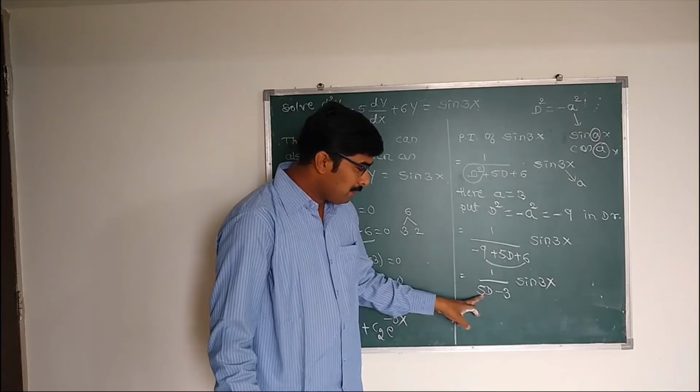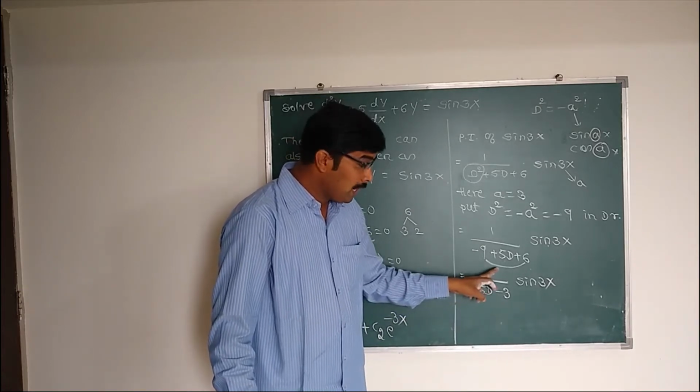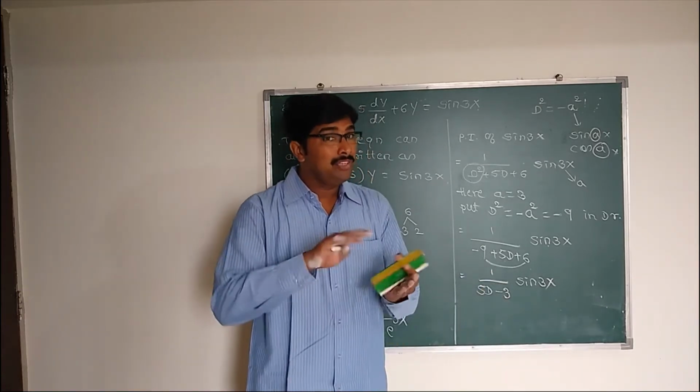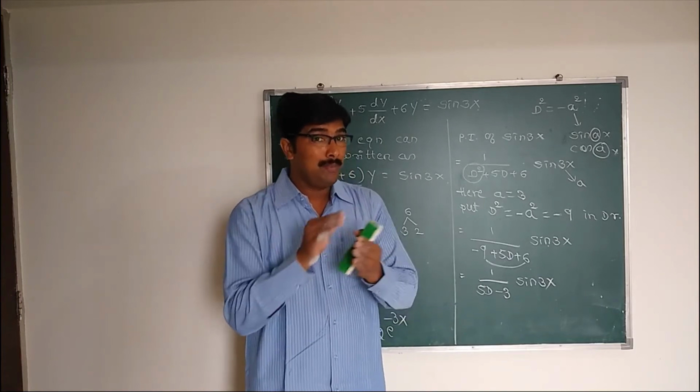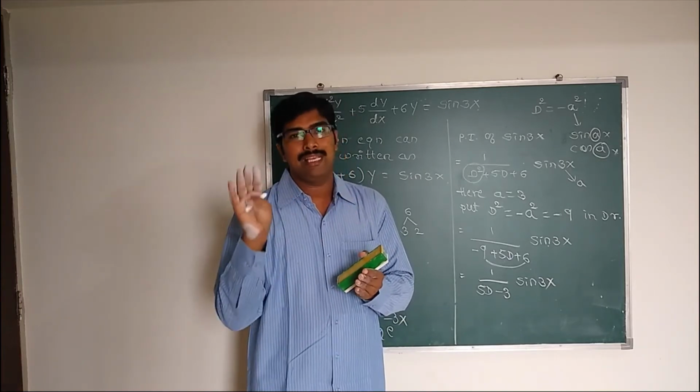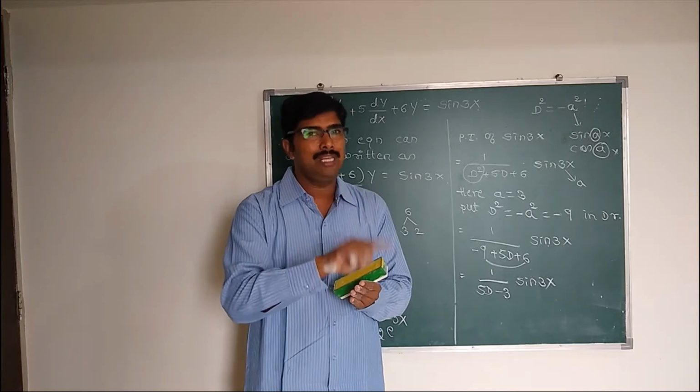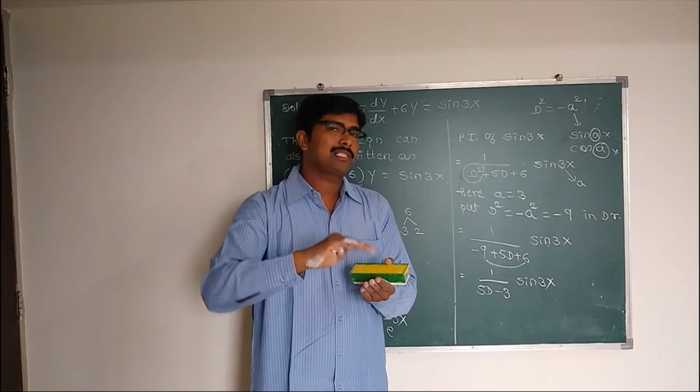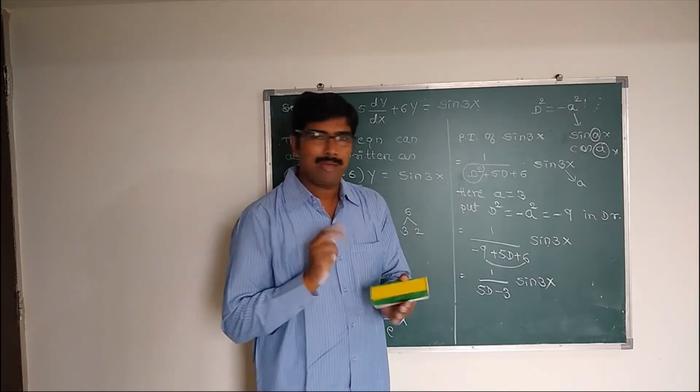Rationalizing means multiply and divide by 5d plus 3, so that the denominator becomes a plus b into a minus b. You will get a square minus b square, where a is nothing but d, so you will get d square, and you can substitute the value of d square equal to minus a square.